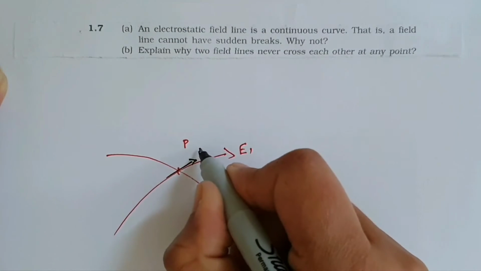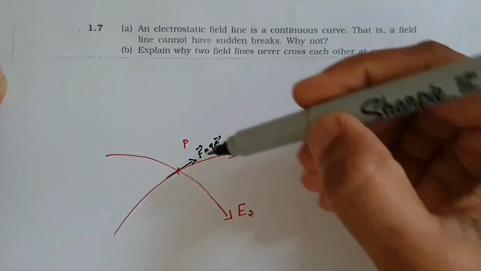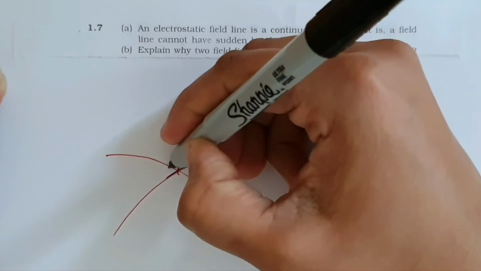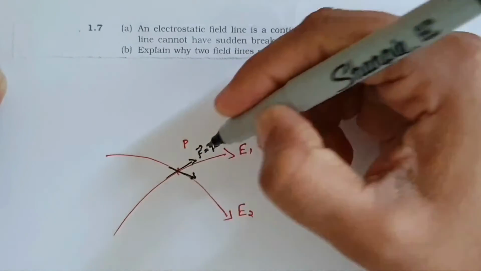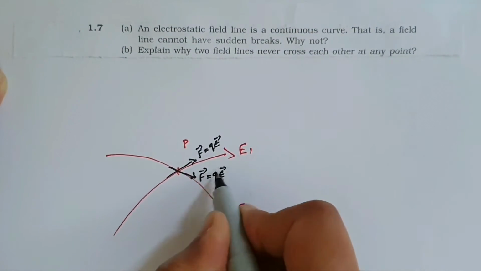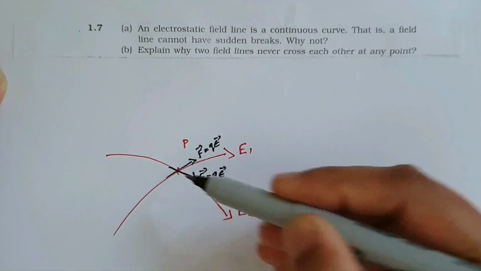Now what is force? F is equal to QE. And if you consider this line, the force will be experienced in this direction. Here also F is equal to QE. Two directions of electric field at one point.